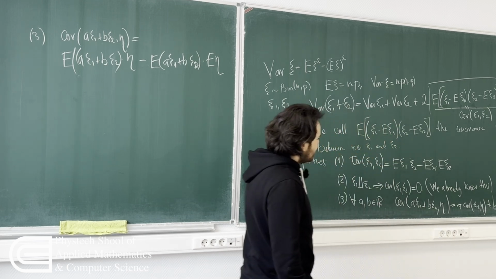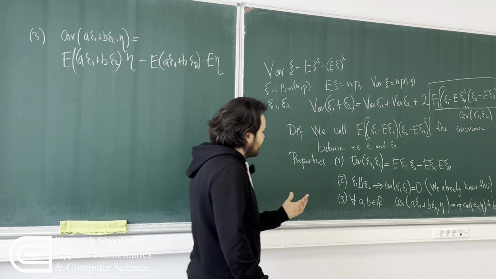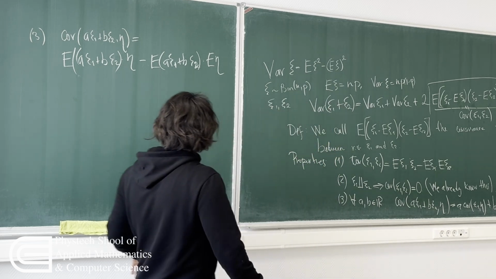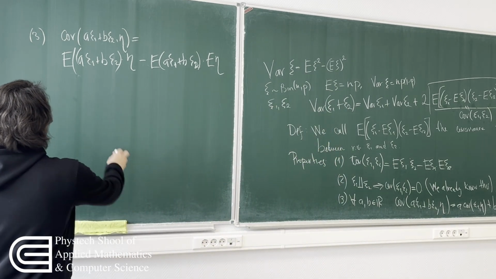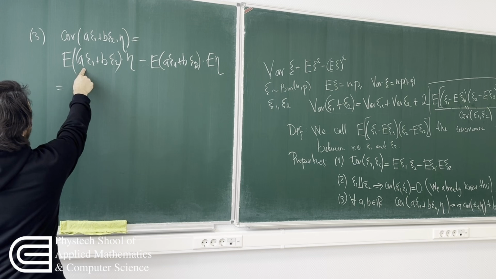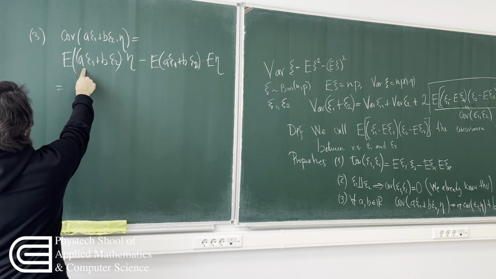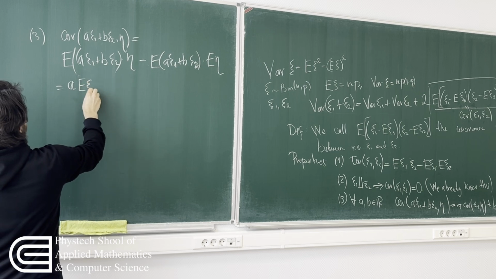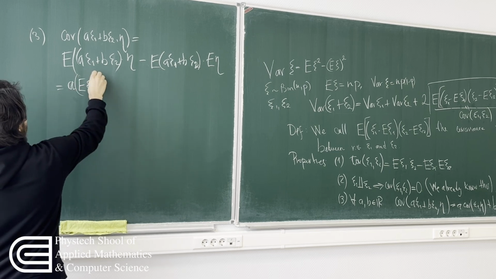Now next I have to solve this and get this right here. So we can see that we need the common factor A and the common factor B. So let's do that. Look, A is right here. This will be A times the expected value of xi1 multiplied by eta.